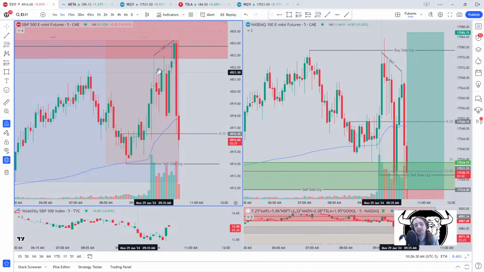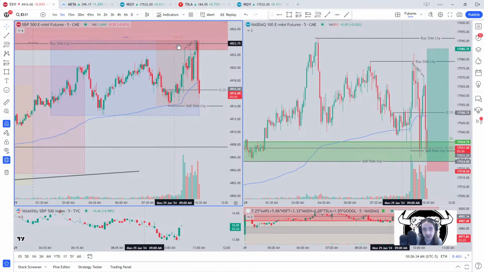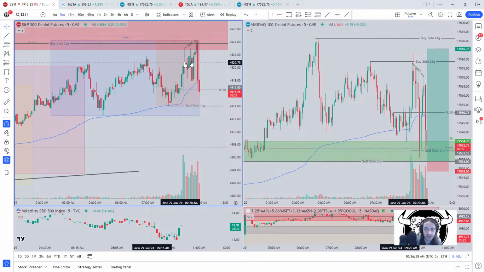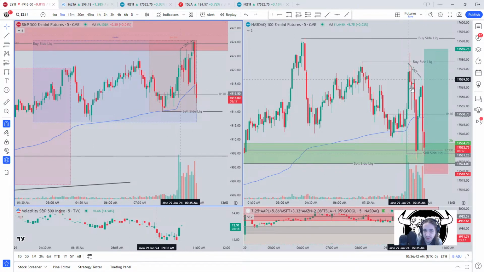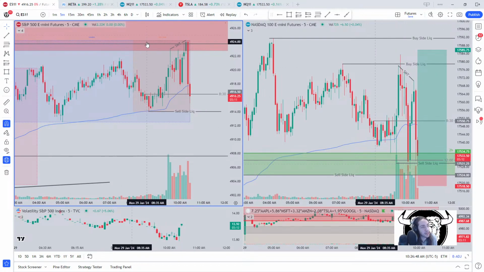Okay, so look, we got our SMT divergence up here with some buy side liquidity on ES. That's what we took out up here, with the divergence with buy side liquidity off of NASDAQ as well. It came down and gave us a nice push. So again, that would have been a trade. SMT divergence is one confirmation.